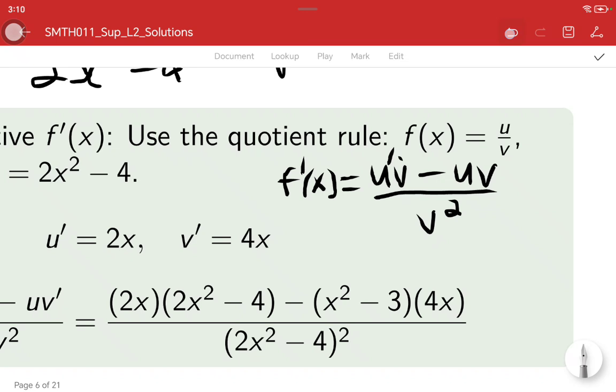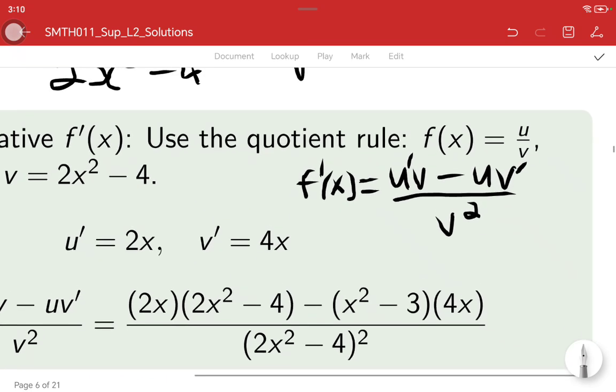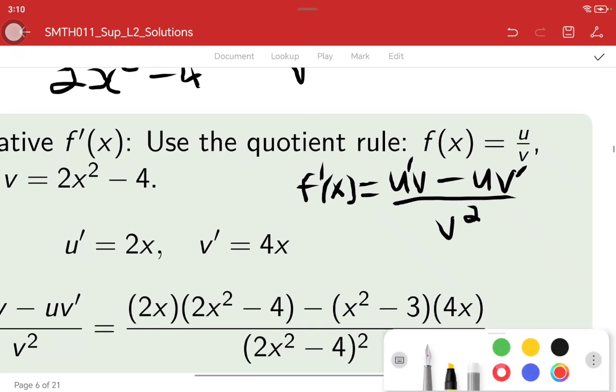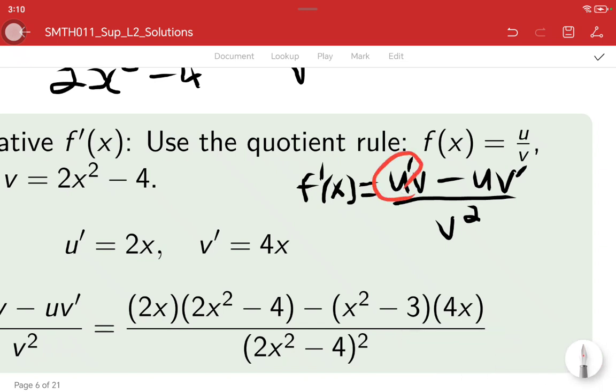So u will have a prime, then v will have a prime on this side. So what I need here is to find u prime, find v prime, and also square the denominator. You can also apply this for simplicity.